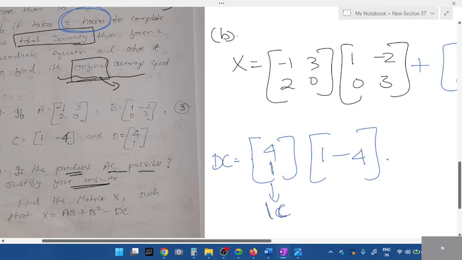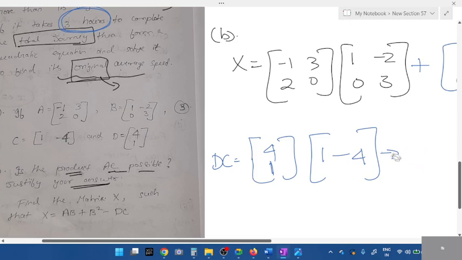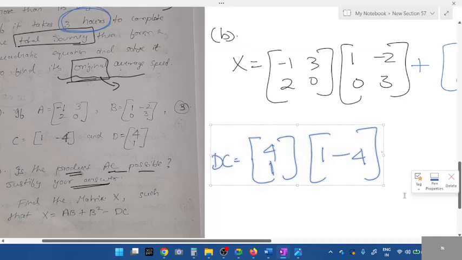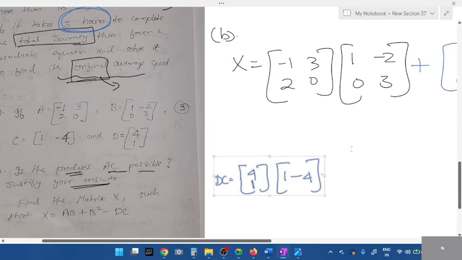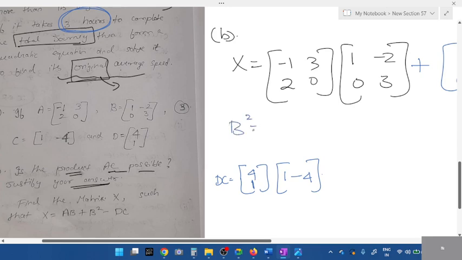How many rows does C have? 1. So 1 column is equal to 1 row. Therefore, this calculation is possible. But the previous one, what they asked us to justify, wasn't possible. So we'll do DC and the X value separately. Then B square is equal to 1, 0, minus 2, 3.